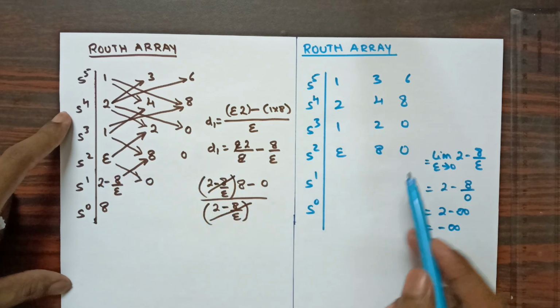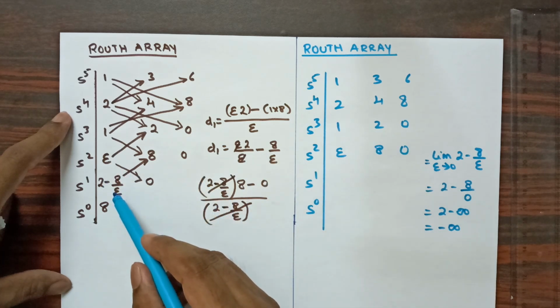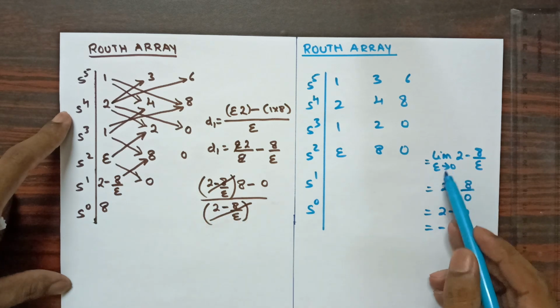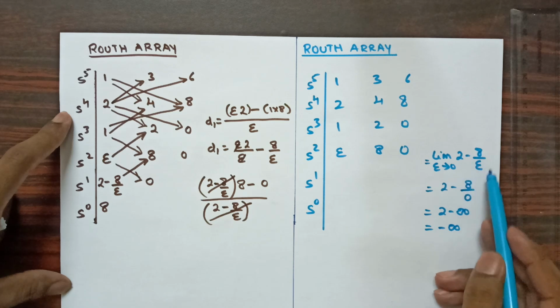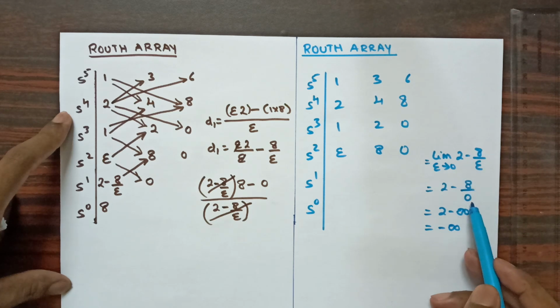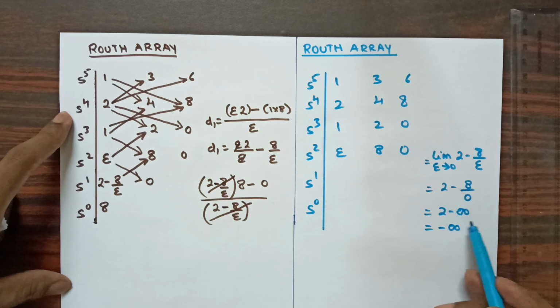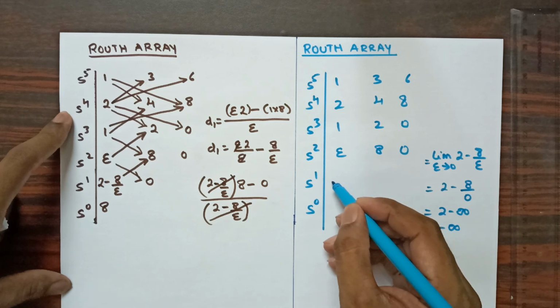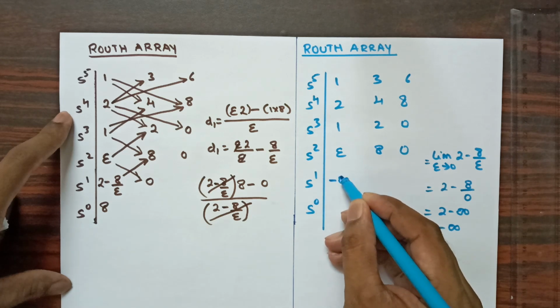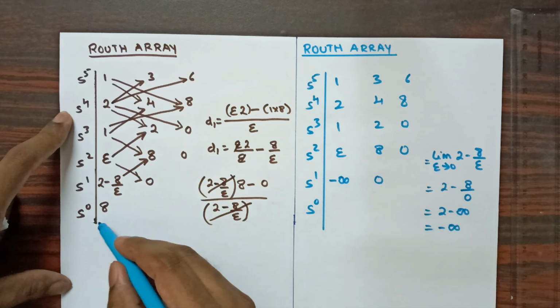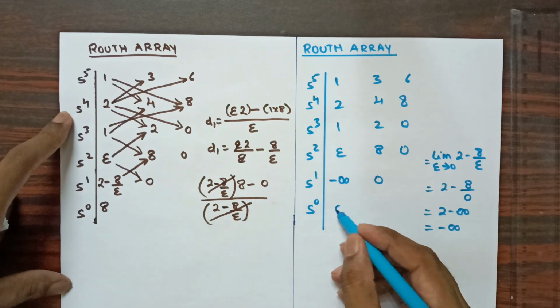Now only on the epsilon equation we are going to apply the limit epsilon tends to 0. The limit of 2 minus 8 by epsilon, when I substitute, I will get 2 minus 8 by 0. Anything divided by 0 is infinity. 2 minus infinity is minus infinity. So at this point I am getting minus infinity. The next value as it is 0 I am writing, and the last row value, that is 8.